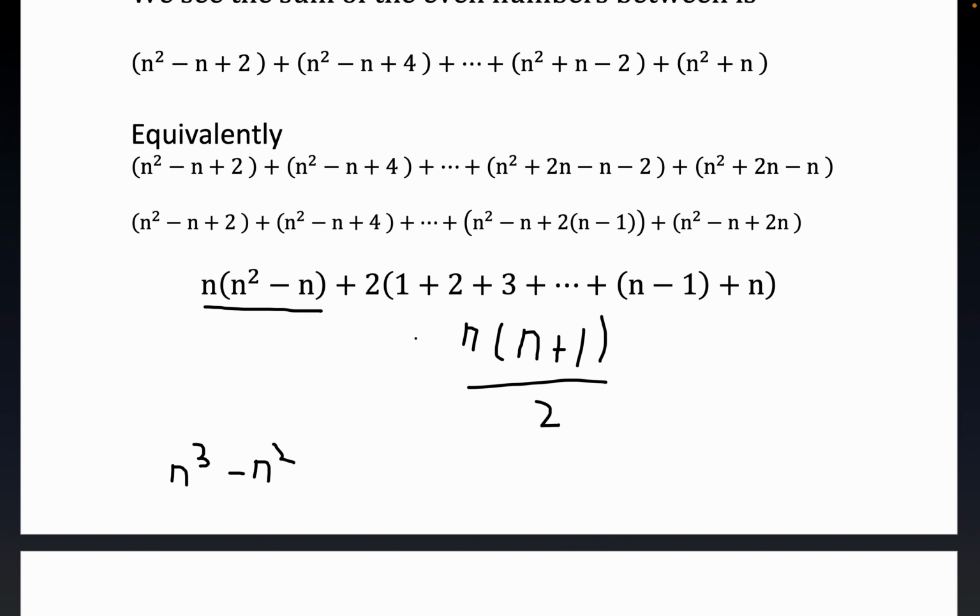Now, the cool thing here, again, this 2 cancels this 2. And so you would end up with an n squared plus n right here. I hate to belabor the point, but the 2's cancel. And so you get n squared plus n.